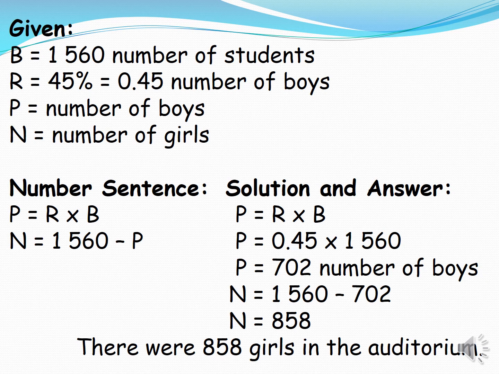So percentage is equal to 702. So that is the number of boys. Now we have to find the number of girls. So N is equal to 1,560 minus 702. So N is equal to 858. So there were 858 girls in the auditorium.